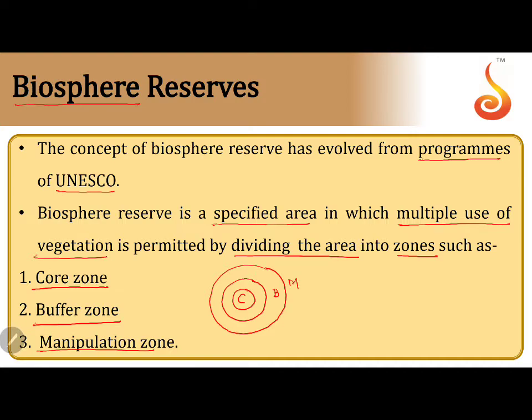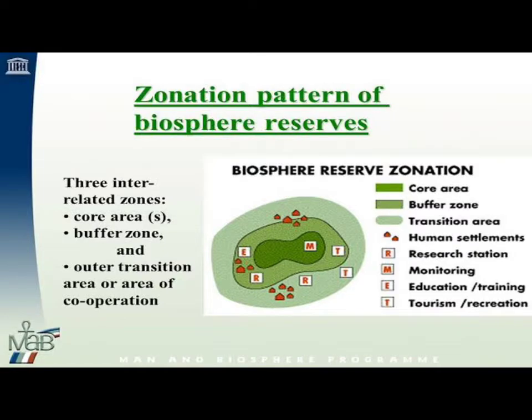So I am going to show you a picture of the biosphere reserve, how it is planned and maintained. If you see, this is the zonation pattern of biosphere reserve. As you can see, this is the Man and Biosphere program.